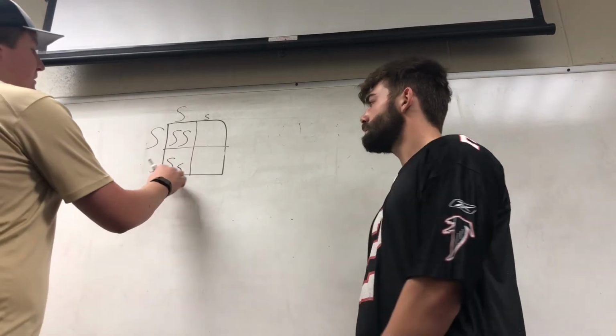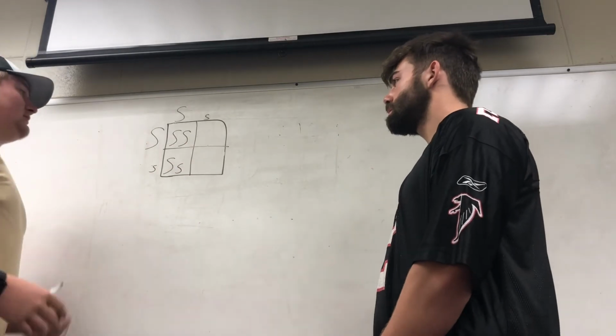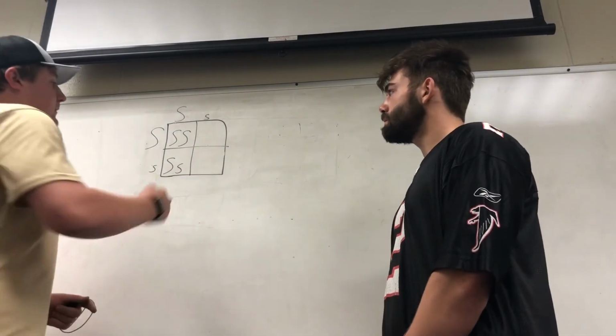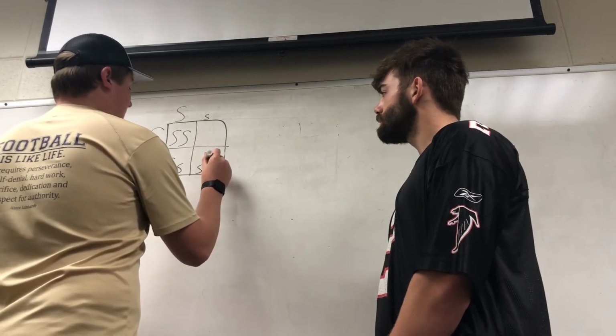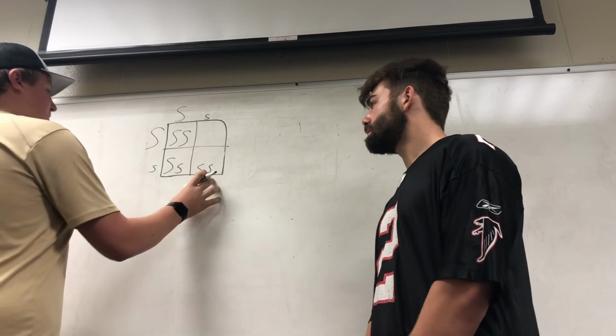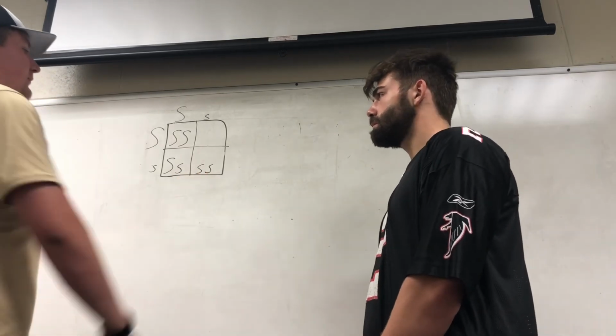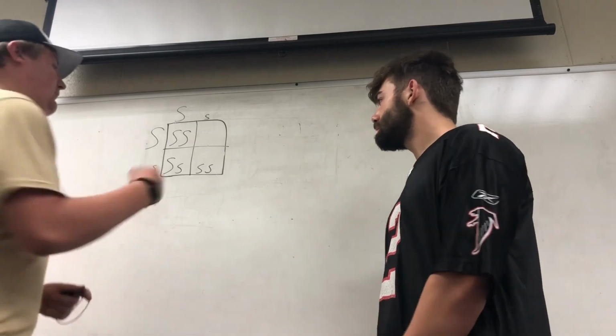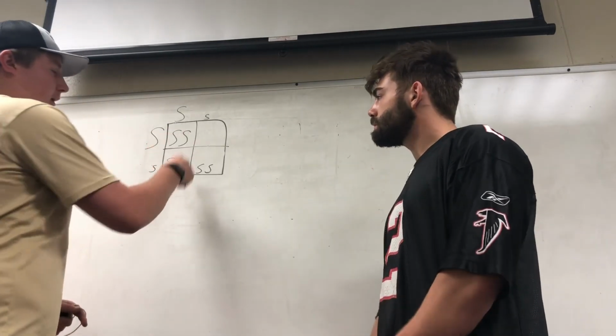They have the recessive gene, but the mutation is not shown or apparent. They're just carrying it. Now, when it comes to this one, the recessive gene is shown because there's two of them, and in order to have a recessive mutation, you have to have both genes from the mother and the father.